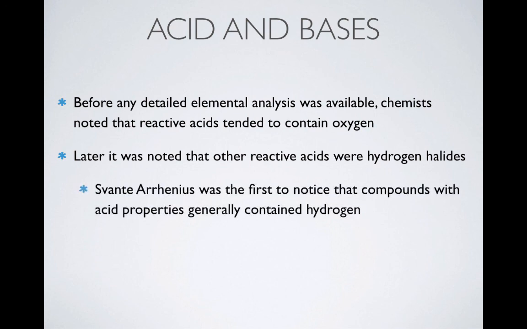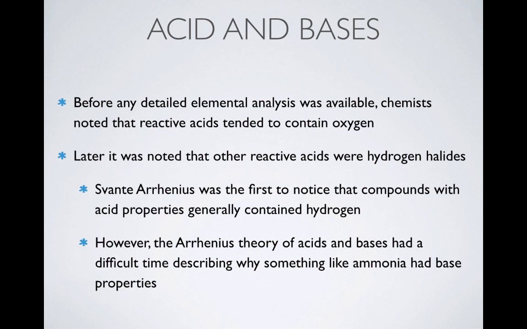Svante Arrhenius, who we spoke about earlier looking at kinetics, was really the first to notice that there was a link between all of these different acids, and it looked like they all contained hydrogen. So he first proposed that it was the hydrogens that were making things acidic. So we had the Arrhenius theory of acids and bases, looking at whether or not something had an H+ in it, or for bases, an OH- in it.